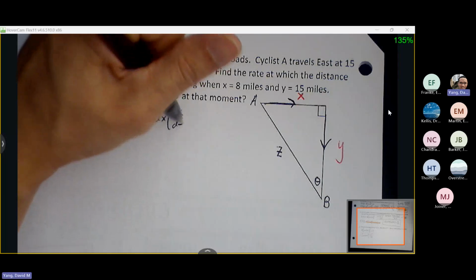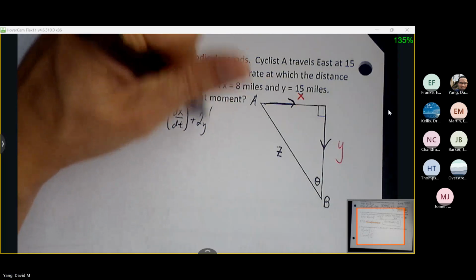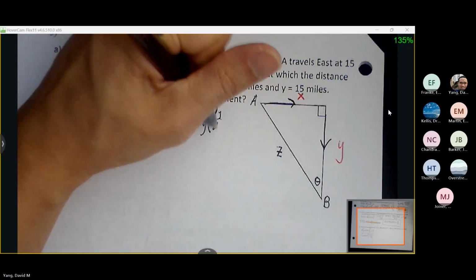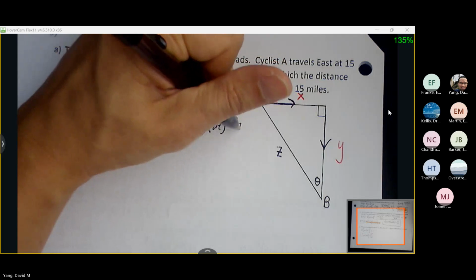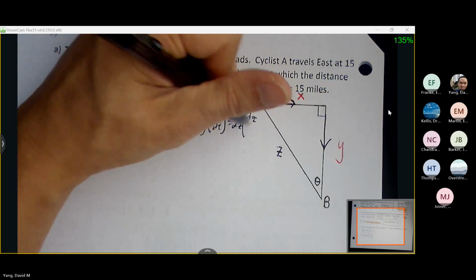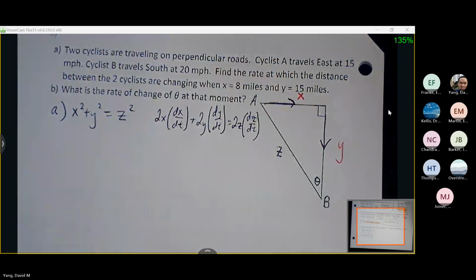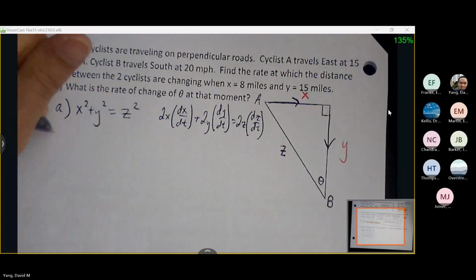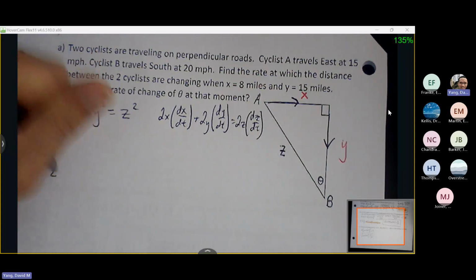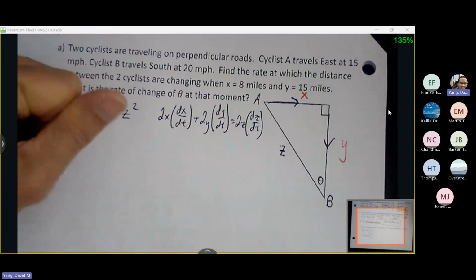So find the derivative. List out all of our variables here.